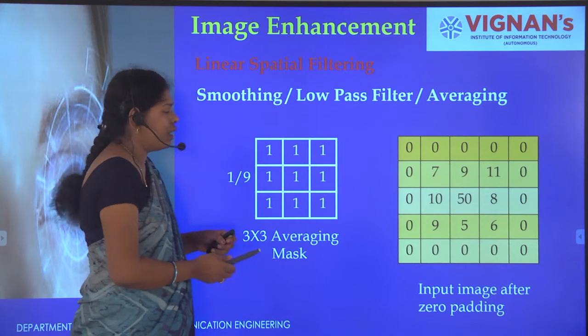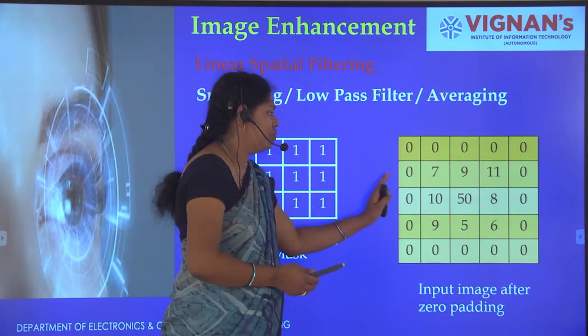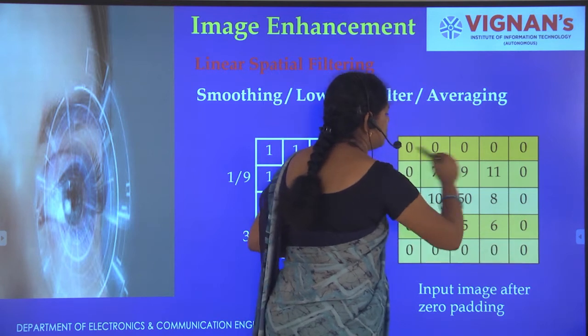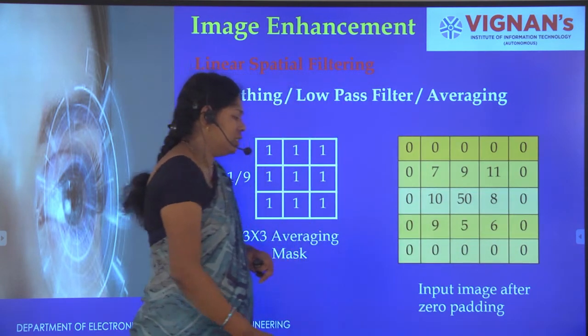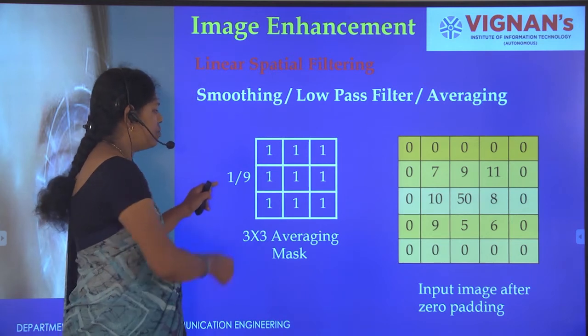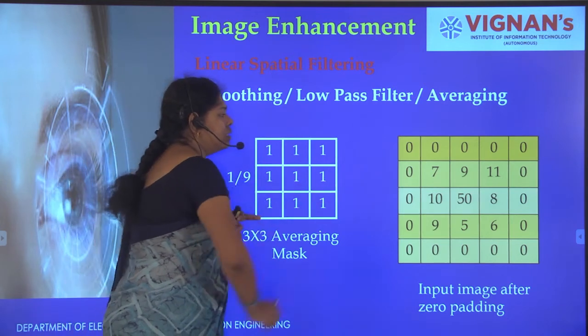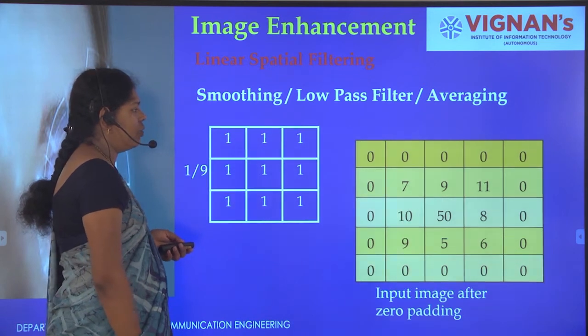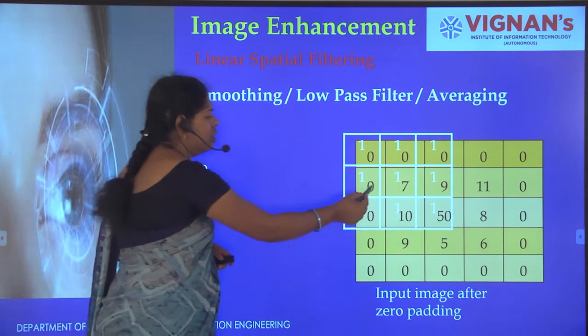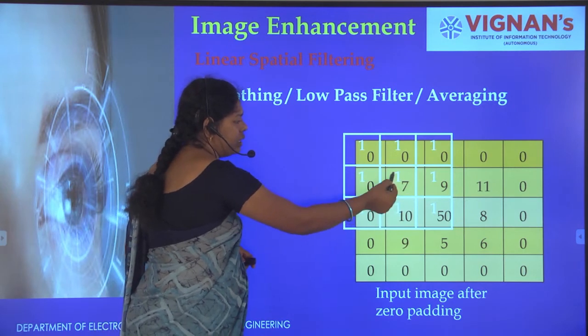That is 0 padding. Now this is the mask. It has to be applied at the position of 7, with the center 1 positioned at the center pixel.